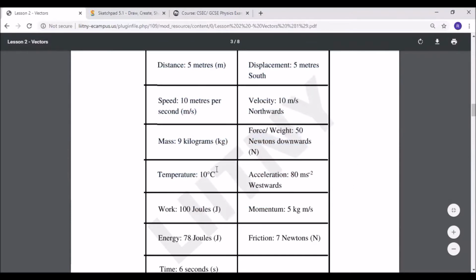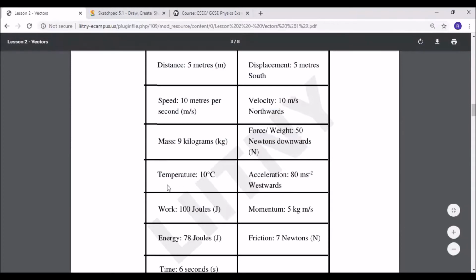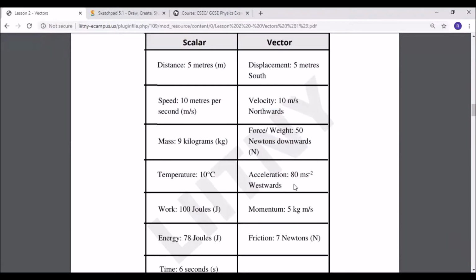This is just an indication of magnitude. There's no indication of physical direction. So temperature is just measured by magnitude. So this would be a scalar quantity, while something like acceleration, we can say 80 meters per second squared westward. So this is a vector quantity, right?